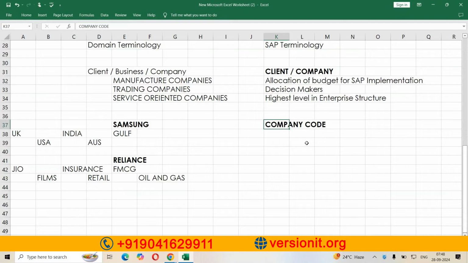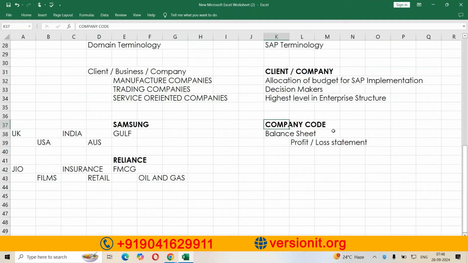And this company code is going to be providing the information related to the balance sheet, which is nothing but the profit and loss statement. So how much revenue we are going to be making in a financial year, that information will be updated at company code level.